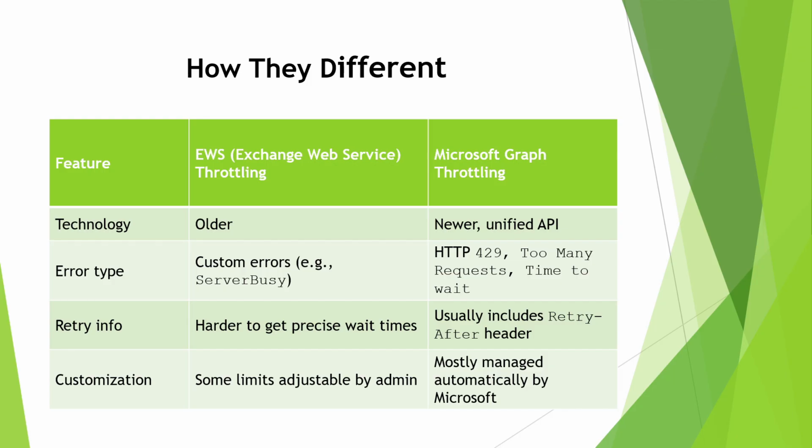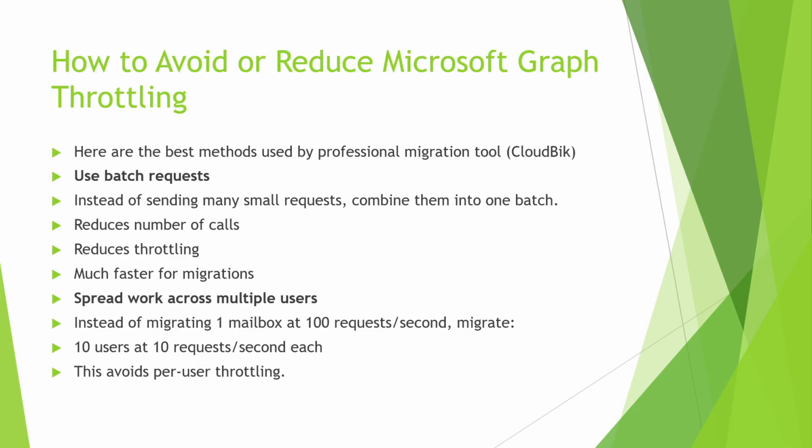Feature retry info: EWS has no header to get precise wait times; Microsoft Graph throttling usually includes a Retry-After header. Feature customization: in EWS some limits are adjustable by the admin; Microsoft Graph throttling is mostly managed automatically by Microsoft. Hope it's clear. Let's go to the next.